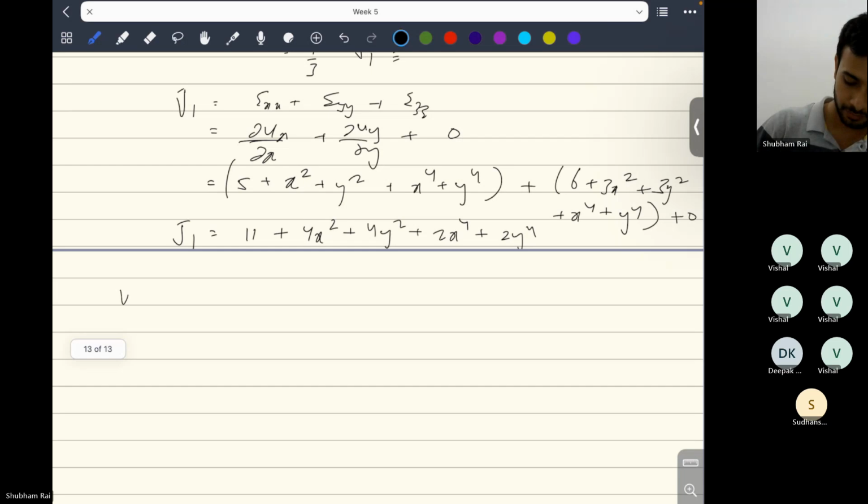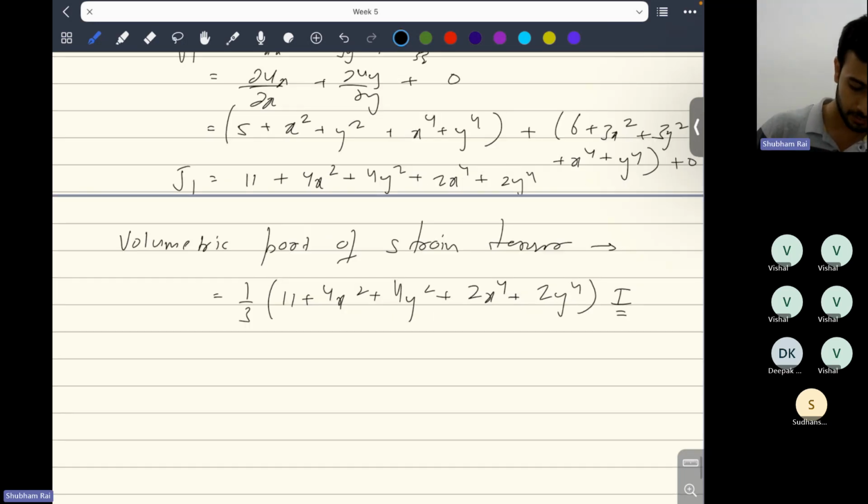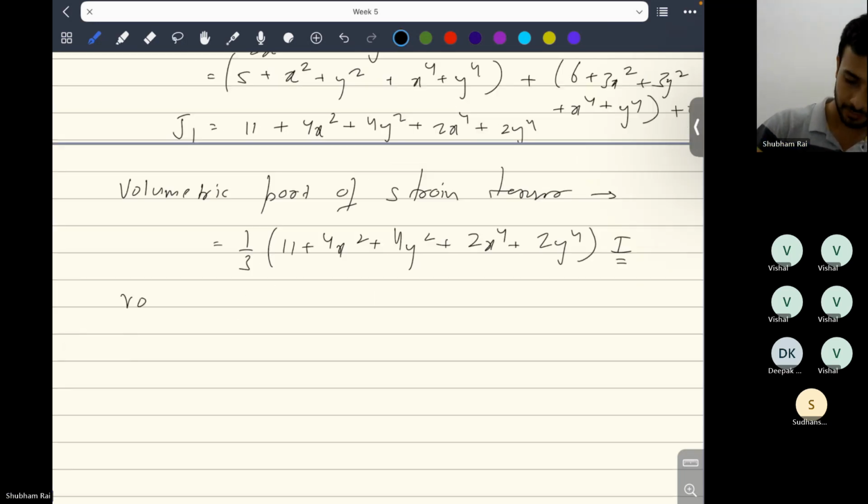So you need to find the volumetric part of the strain tensor. That is 1 by 3 J1 times I. J1 is 11 plus 4x square plus 4y square plus 2x⁴ plus 2y⁴, times I. And then you have to find the volumetric strain.